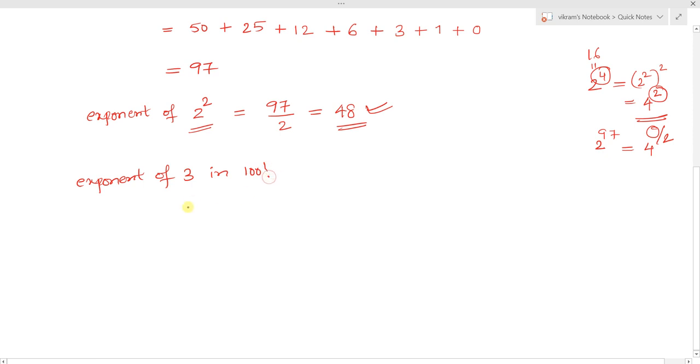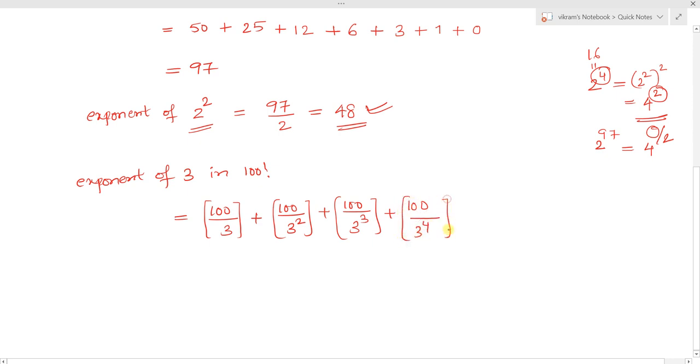We find it as the greatest integer of 100 by 3, plus the greatest integer of 100 by 3 square, plus the greatest integer of 100 by 3 cube, 27, and the greatest integer of 100 by 3 power 4, 81. Then 3 power 5 is more than 100, so we get 0 there, and we consider only up to here.